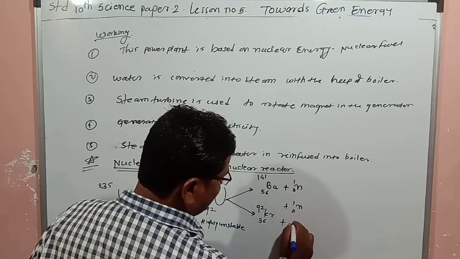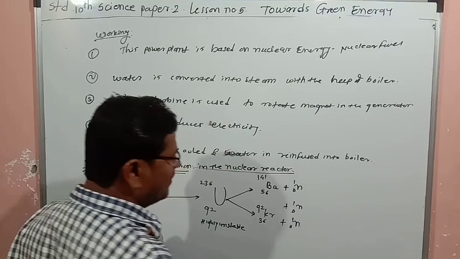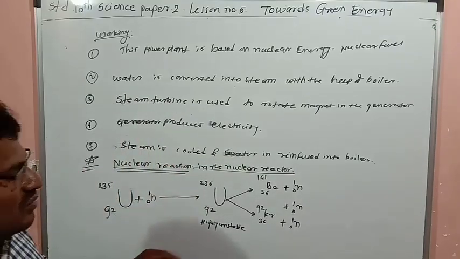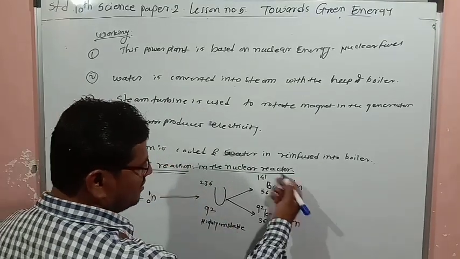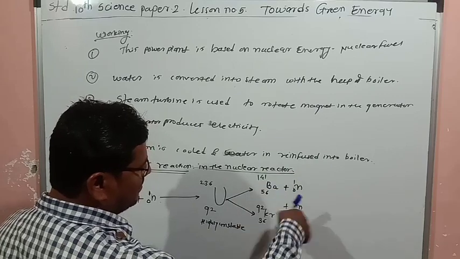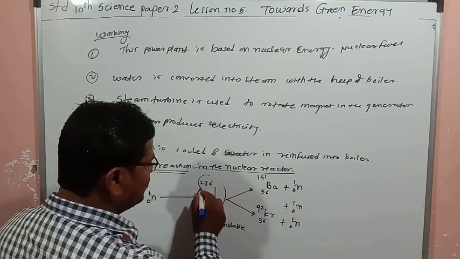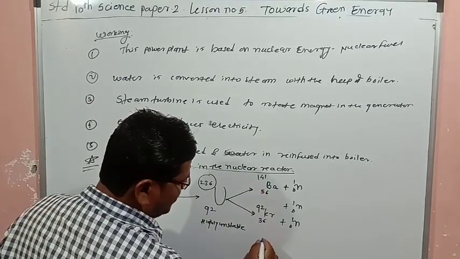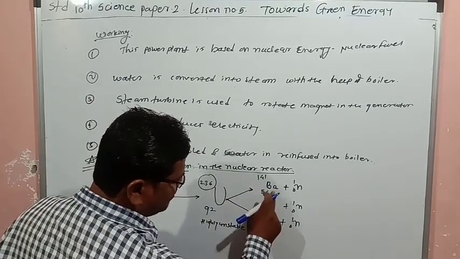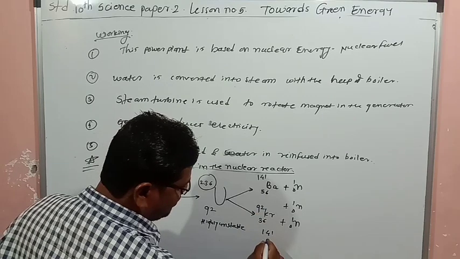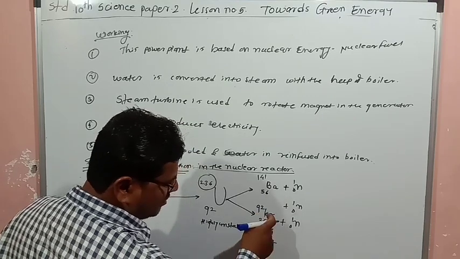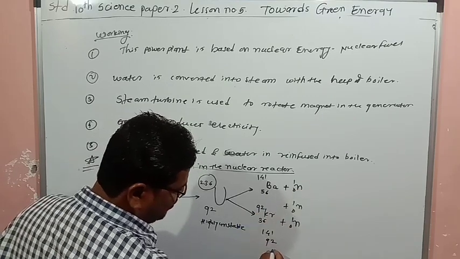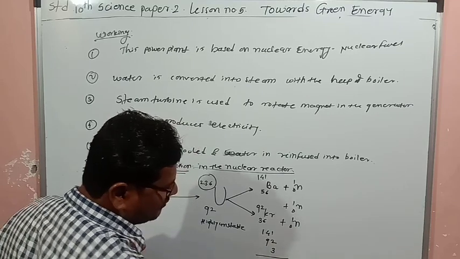We have to check that the atomic mass of all these becomes equal to 236. So we measure that: 141 barium, 92 krypton, and 3 neutrons.